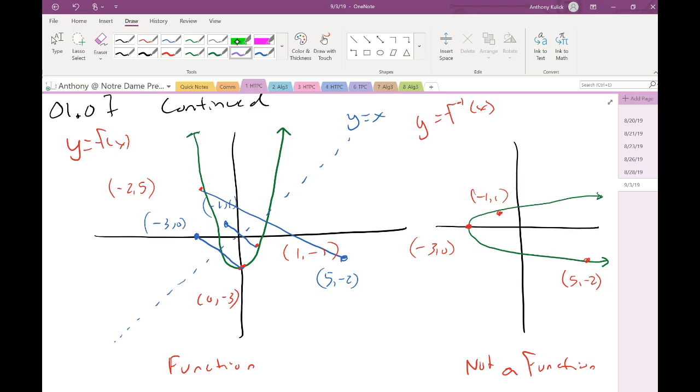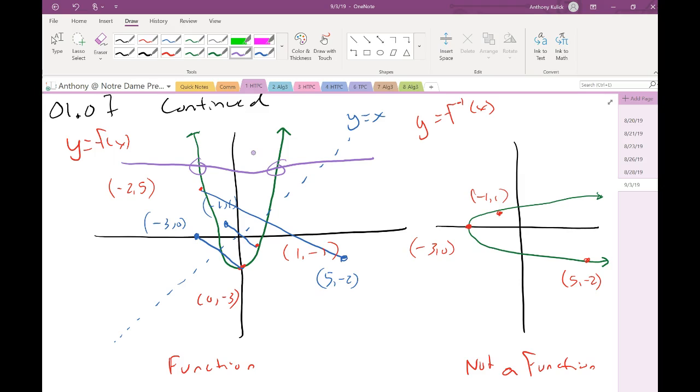We have issues with both of them. Which one is the most obvious one looking at the graph, though? The one-to-one-ness. And is there an easy way for me to check a graph to see if it's one-to-one? Notice that I have this horizontal line intersects the graph twice, right? What does that tell me about the y-coordinates?